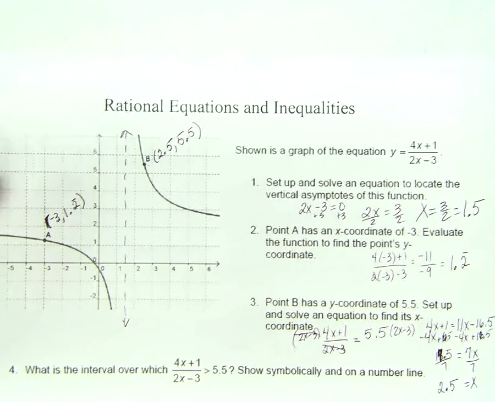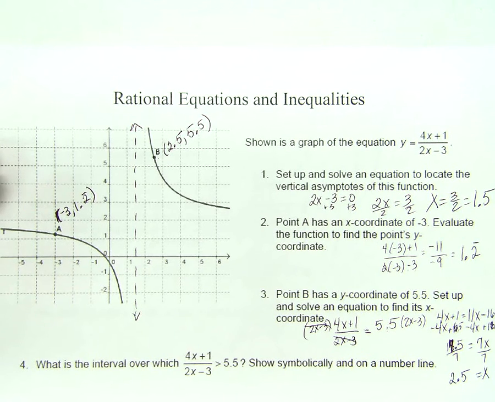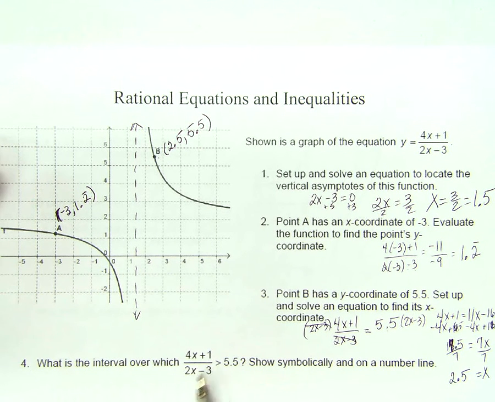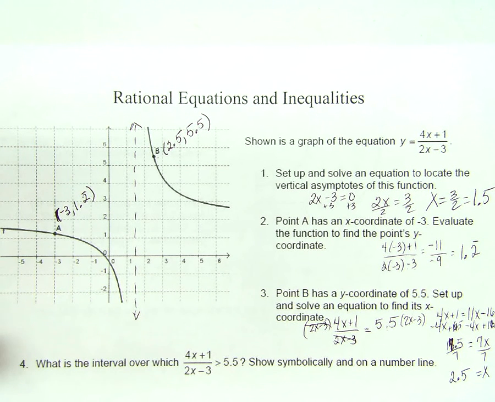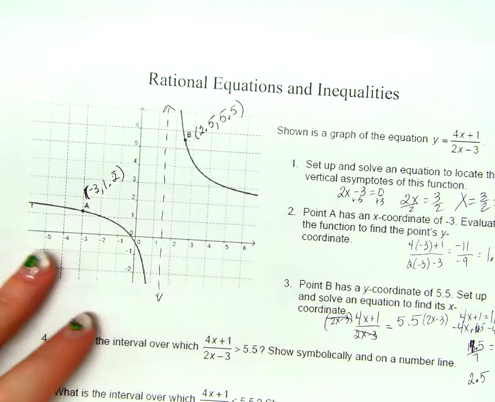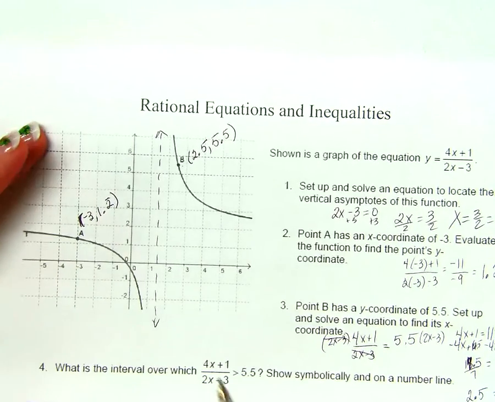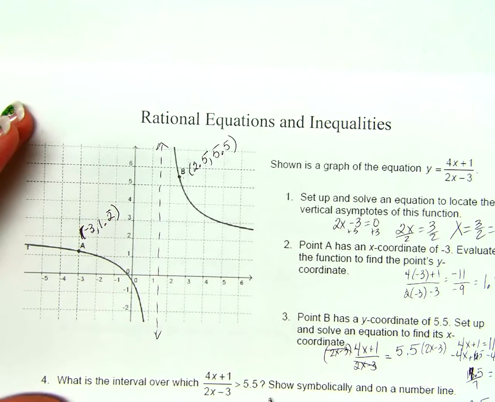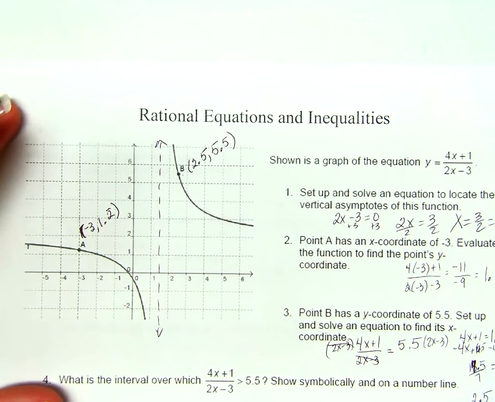Okay so far? Now we're about to break the colors out. What's the interval over which the y values of this function are greater than 5.5? Over which interval, like between two numbers? So where is y 5.5?